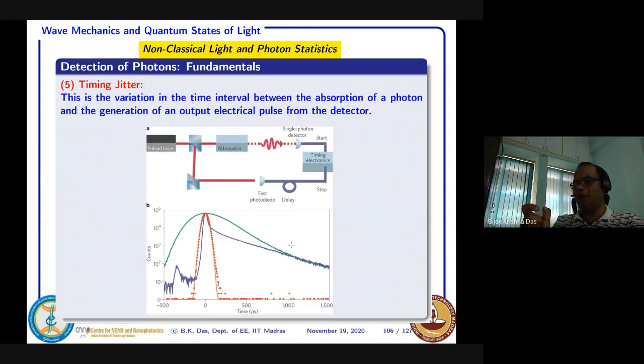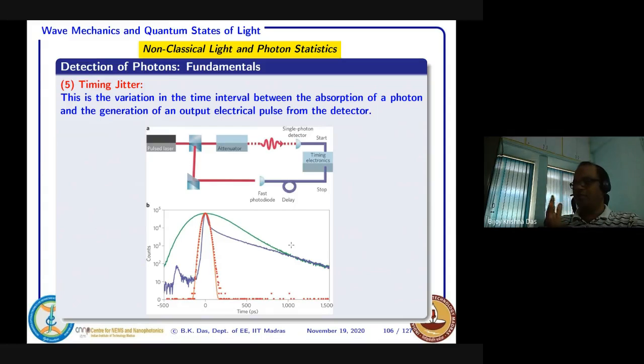For example, I want to know the incoming photon statistics, whether they are coming in a regular interval, or if they are not coming in a regular interval, what is their distribution? So if it is Poissonian, sub-Poissonian, super-Poissonian, or another type of sub-Poissonian squeezed light, all those types of things are there that we have to measure accurately.